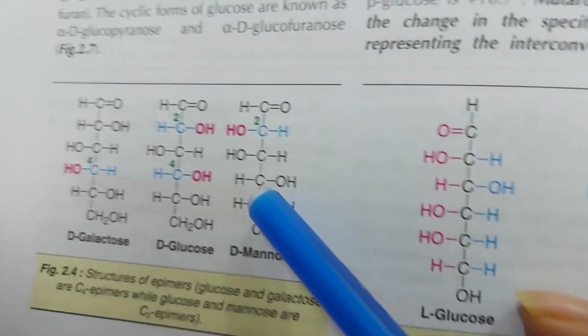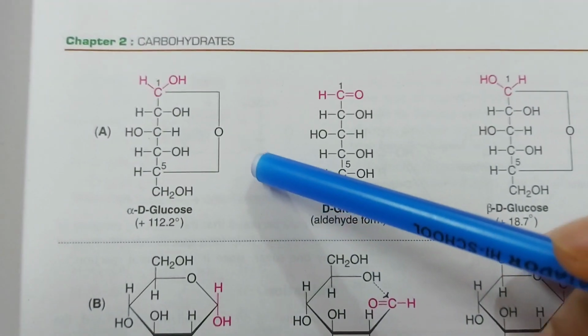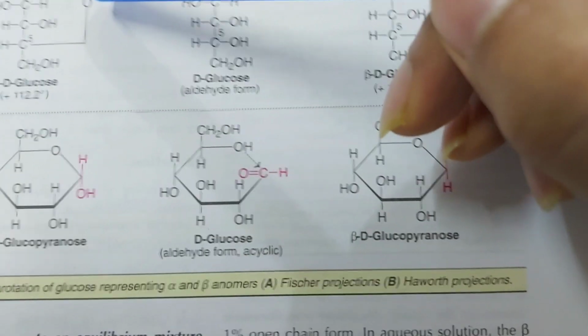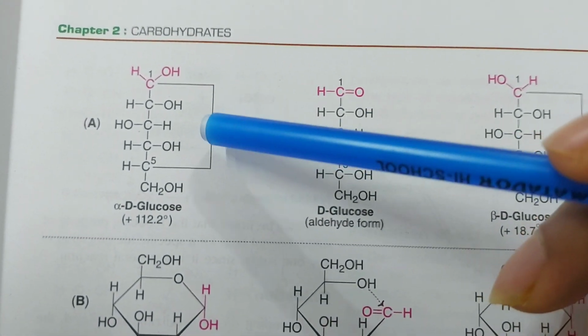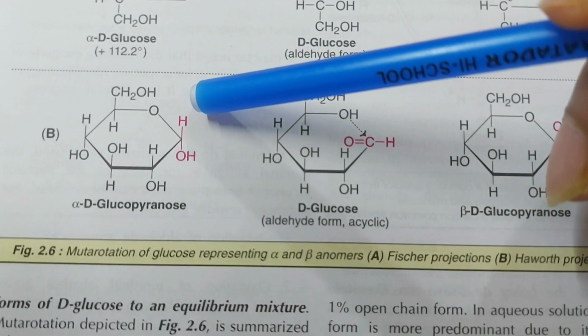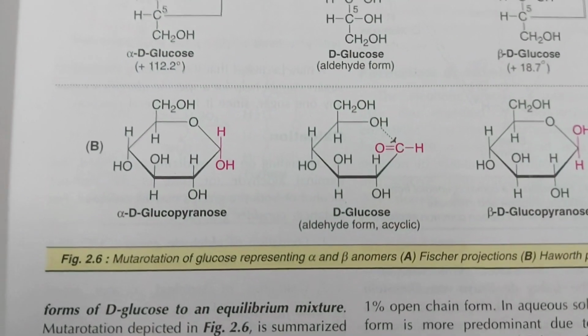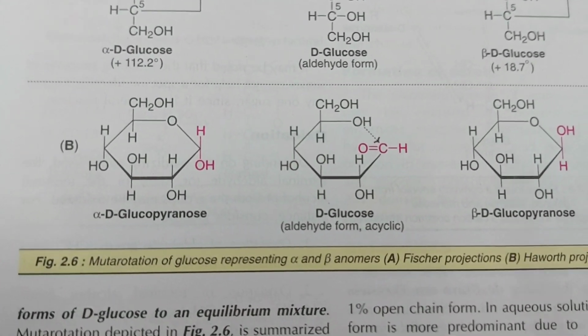This is the chain structure of D-glucose, and here is another cyclic structure of D-glucose. This is known as the Fischer projection of glucose. This is known as the Haworth projection of glucose. These are the different chemical structures of glucose.